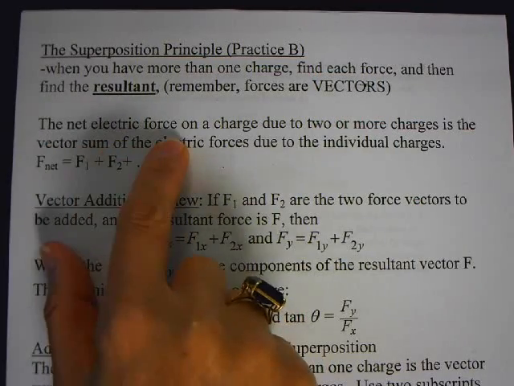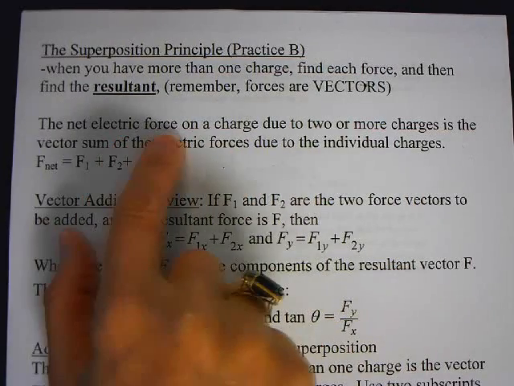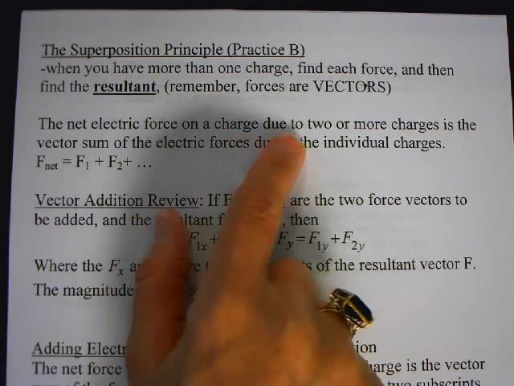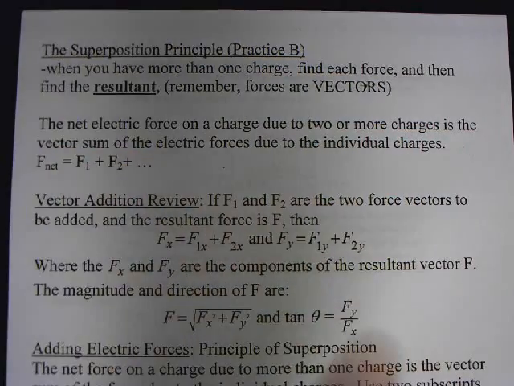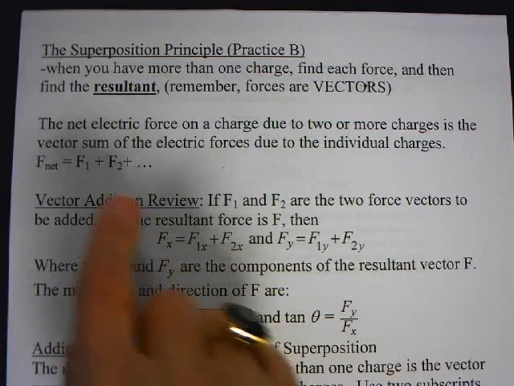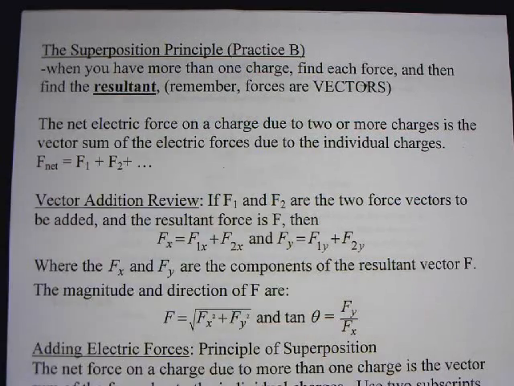The net electric force on a charge, and again we're still using Coulomb's law, because we're talking about the electric force on a charge due to 2 or more charges, is the vector sum. Again, forces are vector quantities. So when I want to find the net force, I find all the other individual forces and add them up.